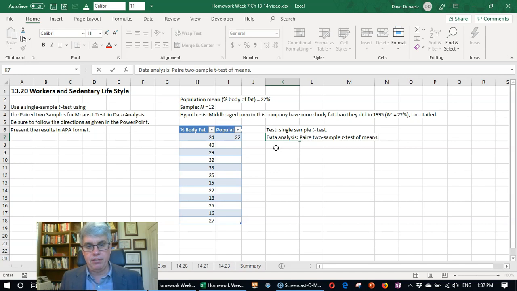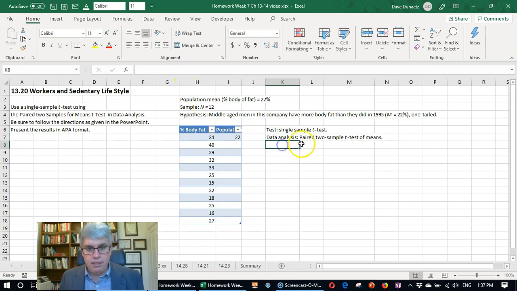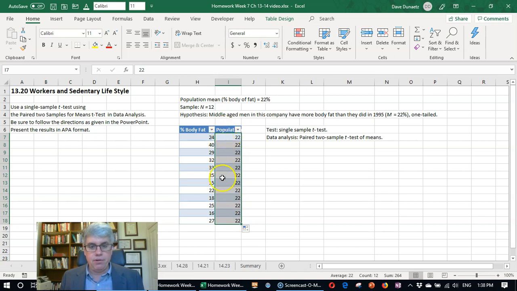If you look in the textbook and see how the test is created, this is the one that they start off the chapter with because the math is pretty simple, but we don't really have the command for it, so we have to, oops, I forgot, paired with a D. So we have to do a few things here. One of the first things is we just have to copy this 22 all the way down, so that we've got a score of 22 for each person in the second column. But that's just a little trick there.